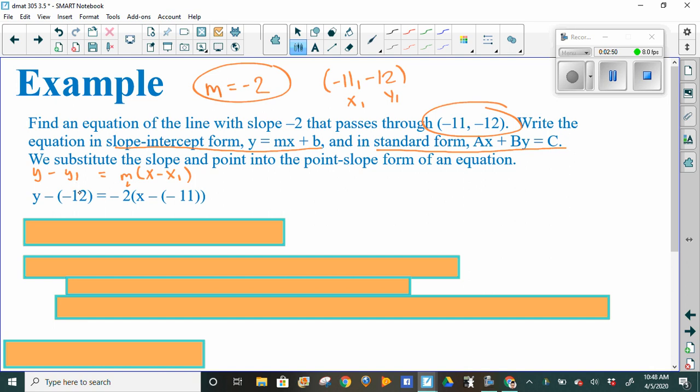So your y1 is -12, so y minus -12, and then x minus -11. So all we've done here is plug it in. We've done no math. You've just replaced your variables with the numbers they are assigned. So now clean up your parentheses and your double negatives, things like that.